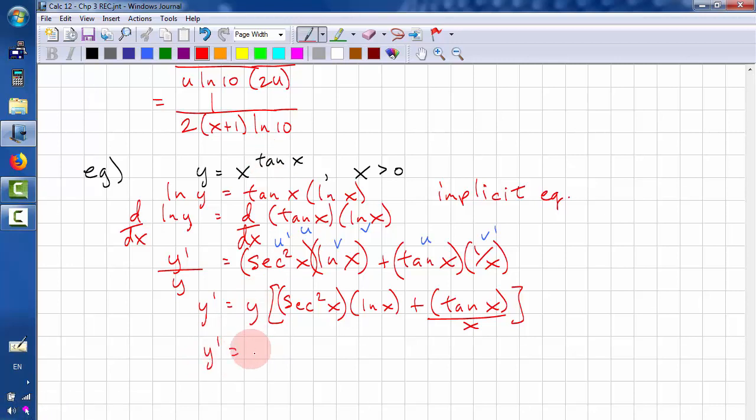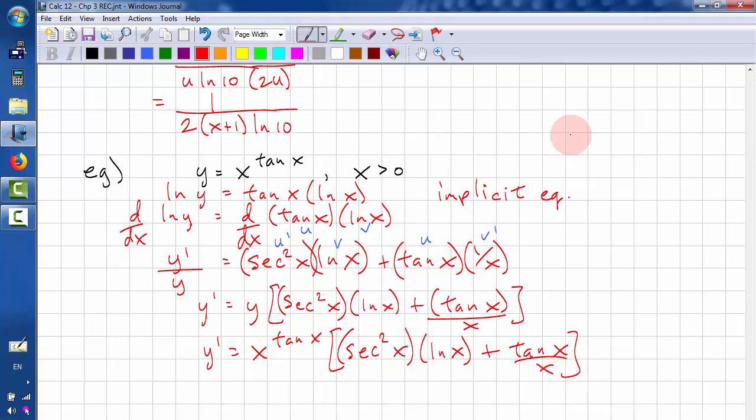Y prime equals x tan x times secant squared x ln x plus tangent x over x. And that completes this lesson.